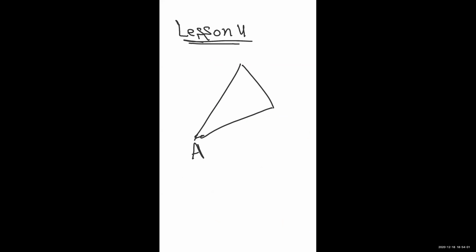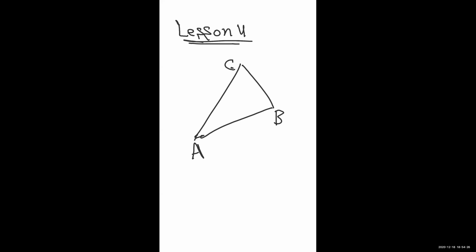Guys, if there is a triangle like this one, ABC, the shortest distance between 2 points is the length of the line segment joining them.